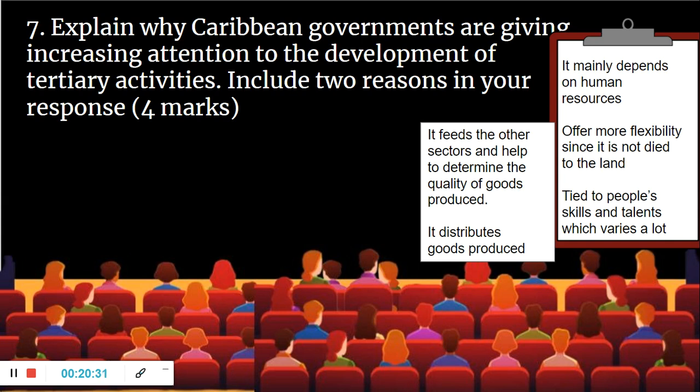Service industries include industries that help to distribute goods. All right. So marketing is a type of service, and that is important both for the primary industry as well as for the secondary industry.